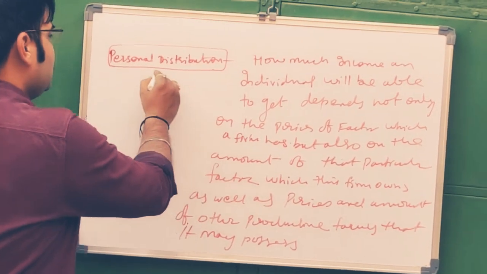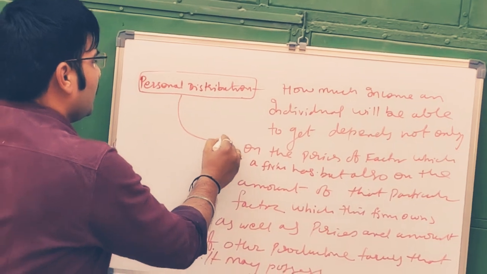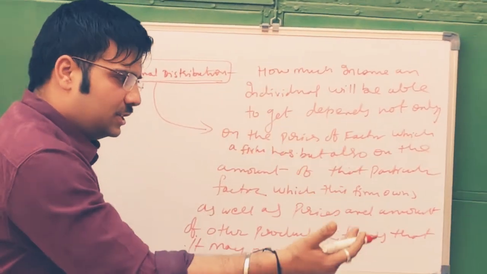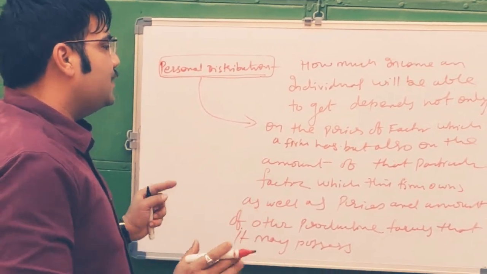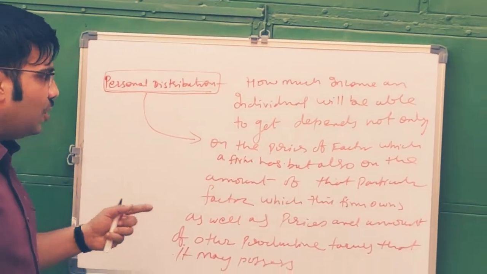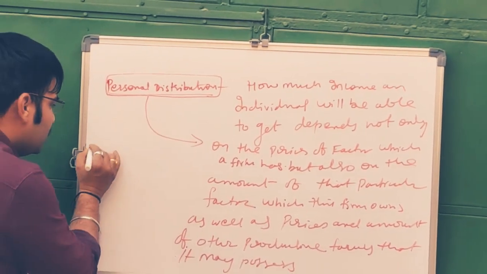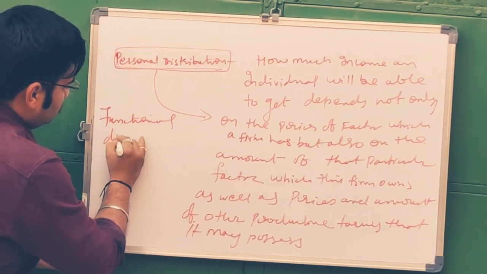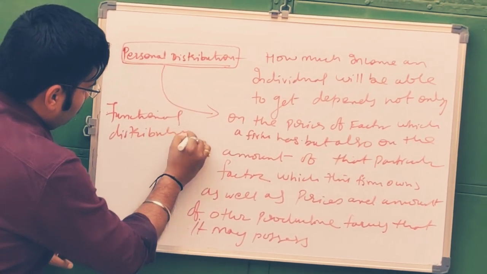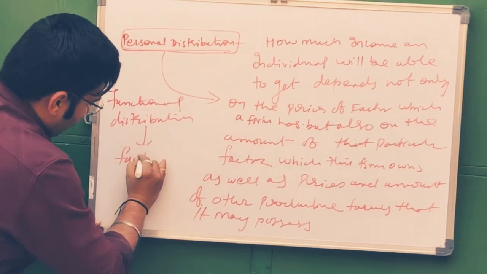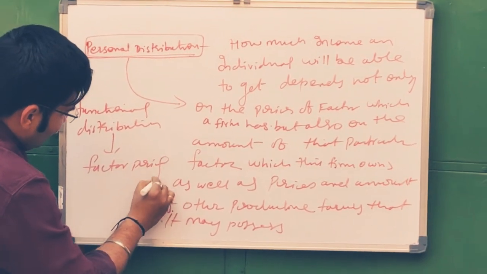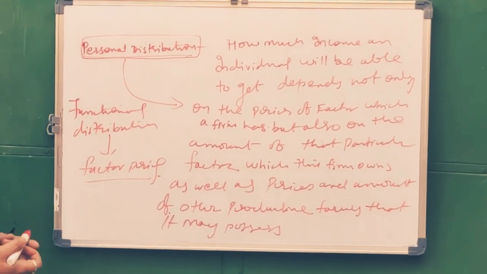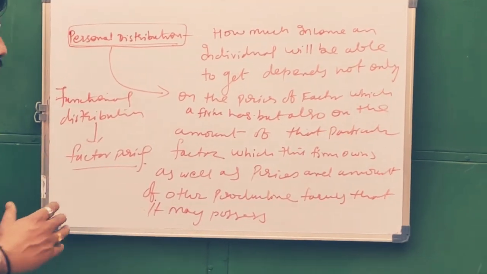So this is explained by personal distribution. Personal distribution is the broader concept compared to functional distribution, because functional distribution is only related to factor pricing.